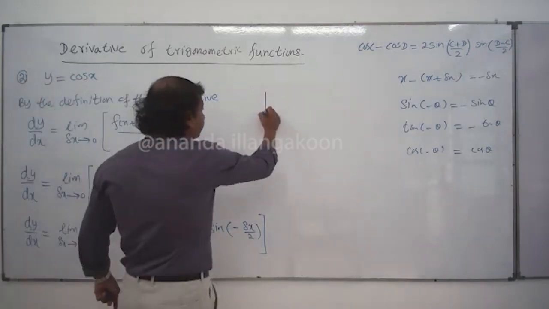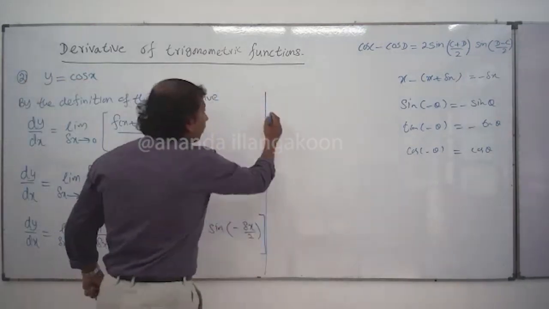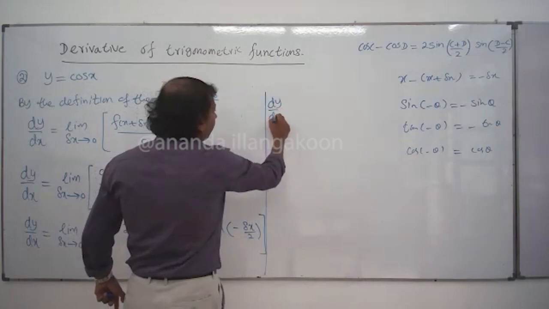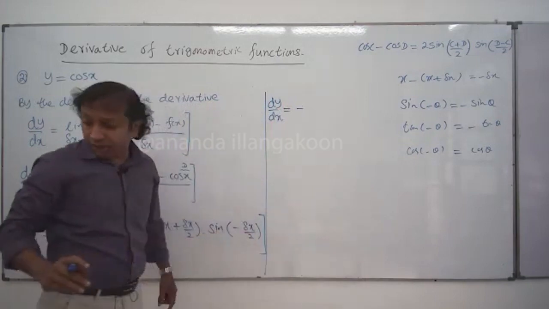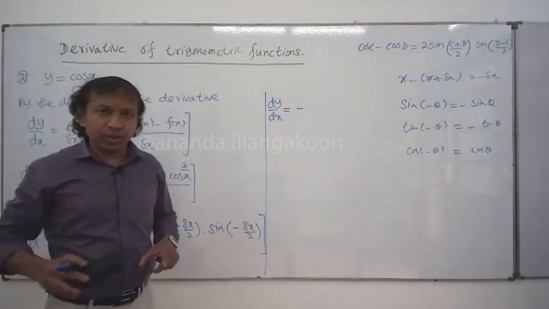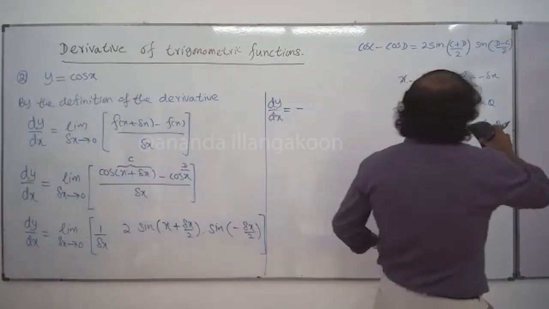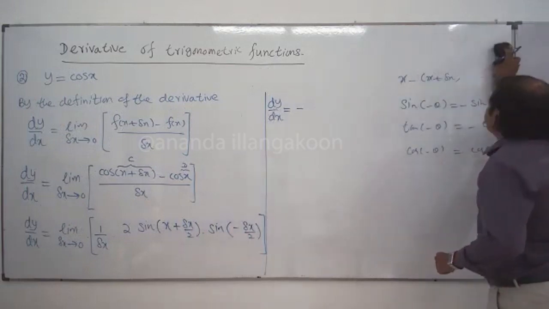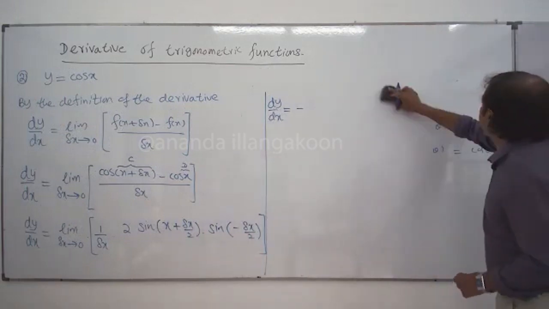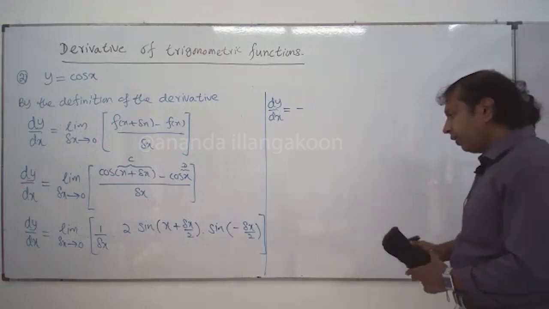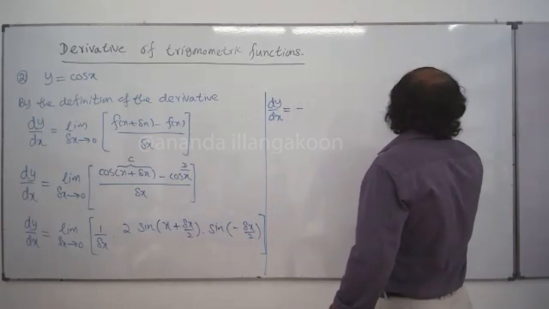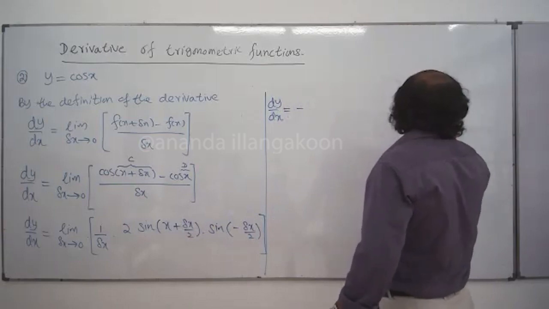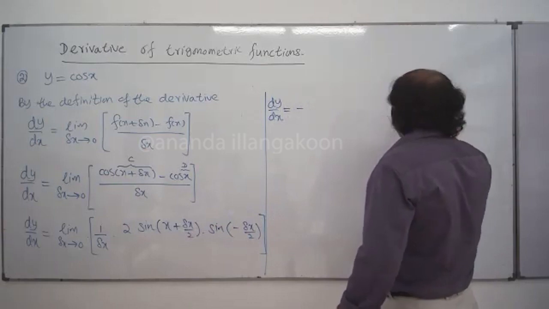So now we get dy by dx now. Minus sign I write here. Right. Now here at once we arrange in one step the things that we have to do in 2-3 steps, right? Here this minus sign we have taken out now. Then we have sine delta x by 2. Okay.